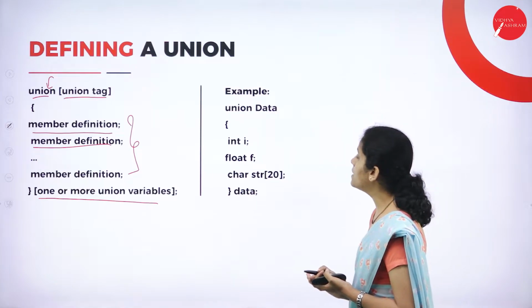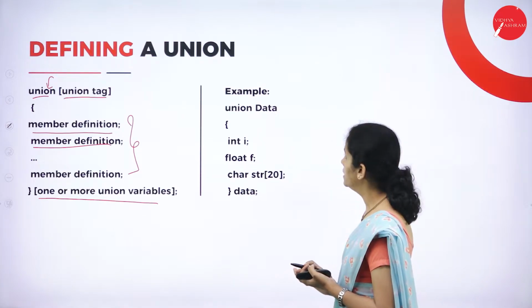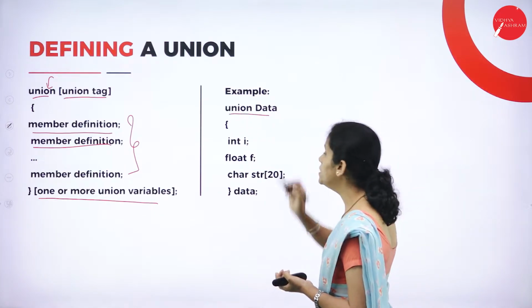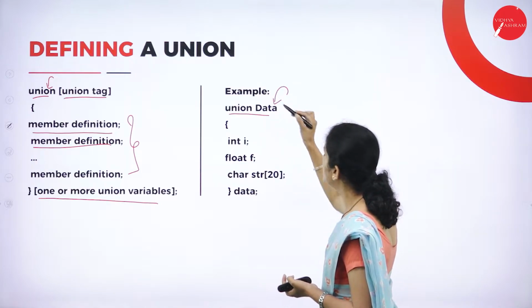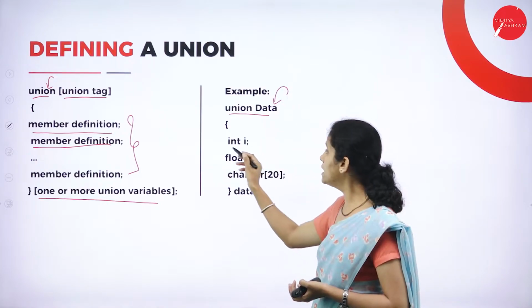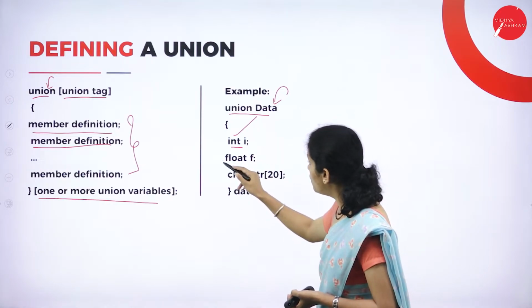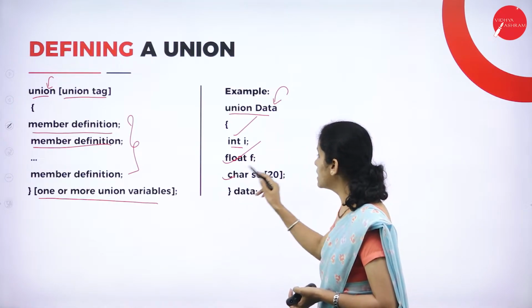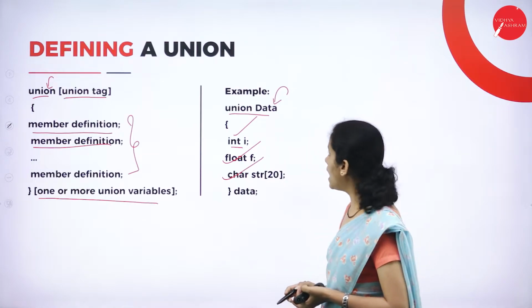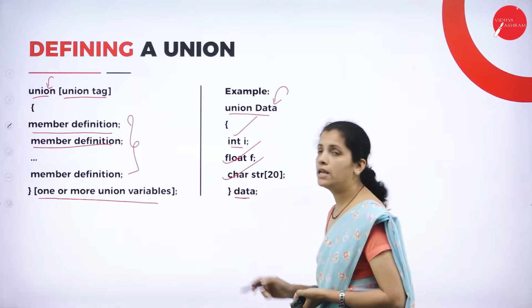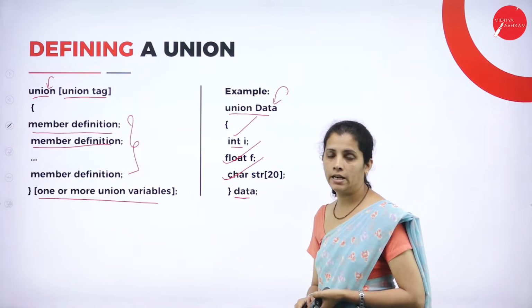At the same time, I have the example here, that is union, and my union type is data. In that, I have an integer data type, a float data type, as well as a character data type. And the union variable name here is data.